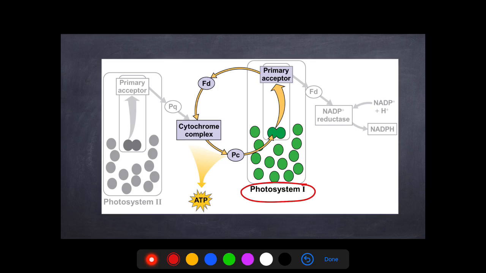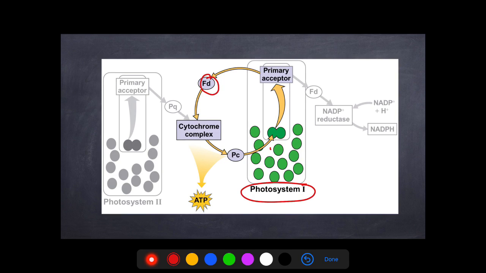So you can see how in cyclic electron flow, you have photosystem 1. And instead of a linear flow where you have photosystem 2 going to photosystem 1, it kind of just revolves within itself. So you have the primary electron acceptor, you have the protein FD, you have a cytochrome complex, which is going to release ATP, and then you have PC, which is a molecule that's going to help excite the pigments in order for electrons to be fired up and excited.